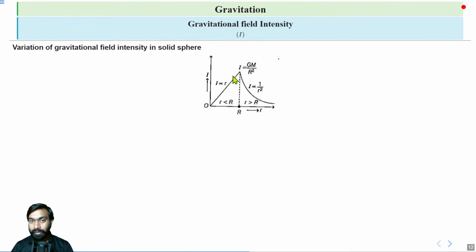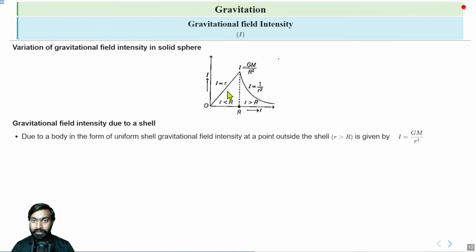On the surface of the solid sphere, I equals GM divided by R square, and this line parallel to the y axis shows the surface. Inside, r is less than R, so I is directly proportional to r, and outside, r is greater than the radius of the solid sphere, so I is inversely proportional to r square. This is the graphical representation, I versus radial distance.